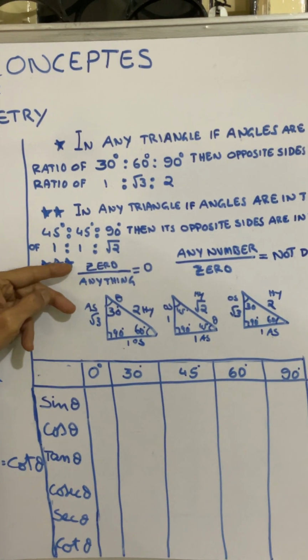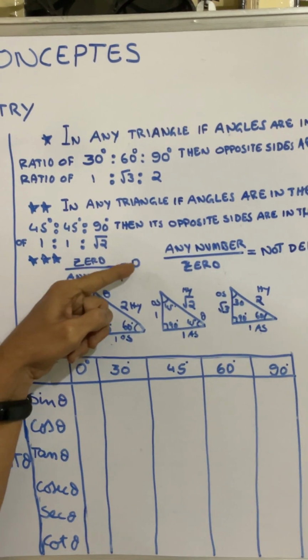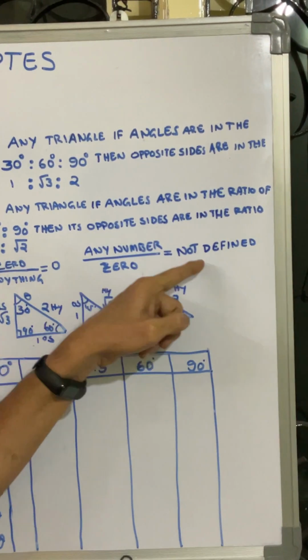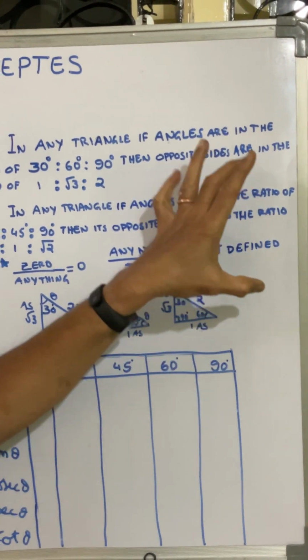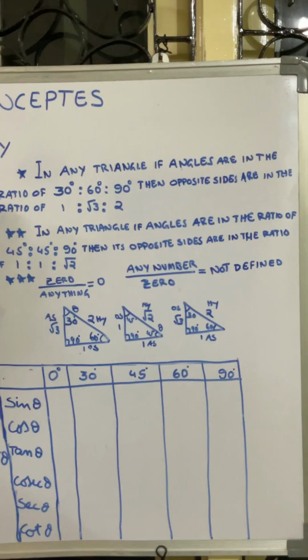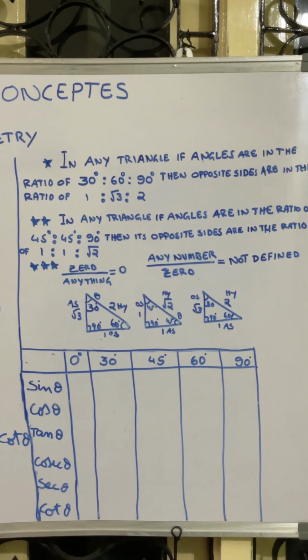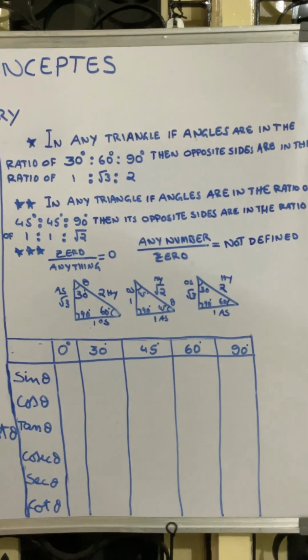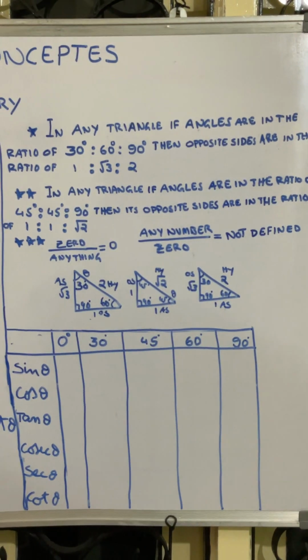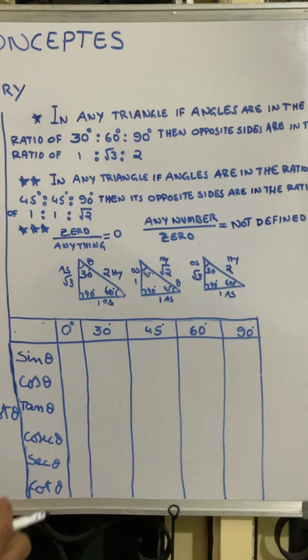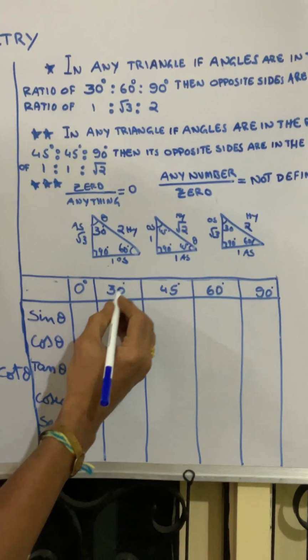These are the basics. 0 by anything is equal to 0. Anything by 0 is not defined. If you know these 3 points, we can go to the trigonometrical standard values table.